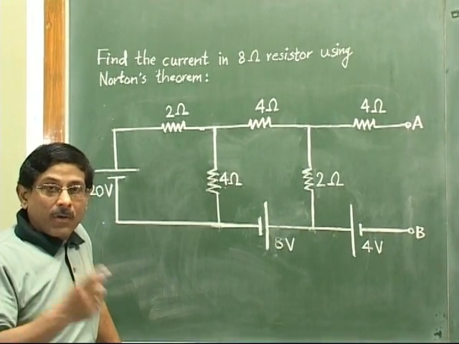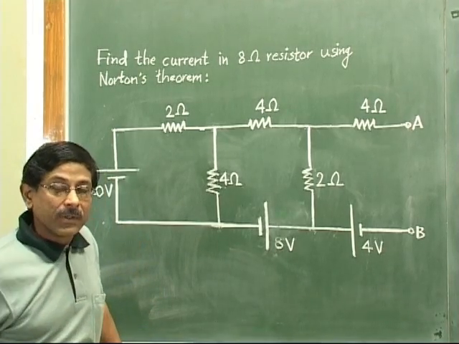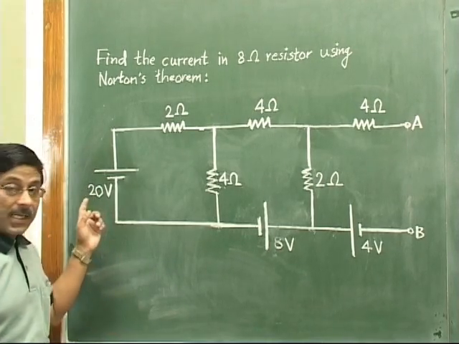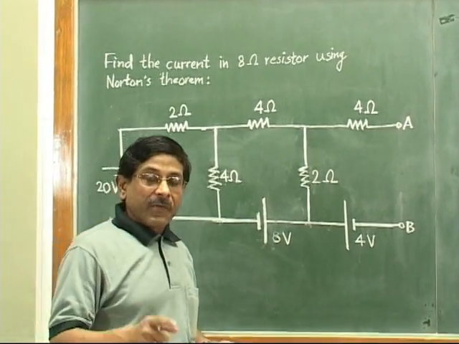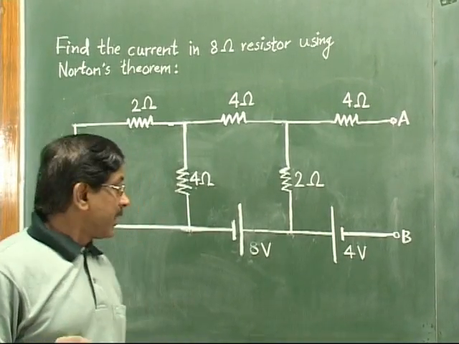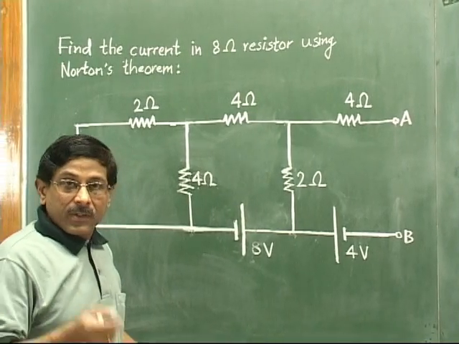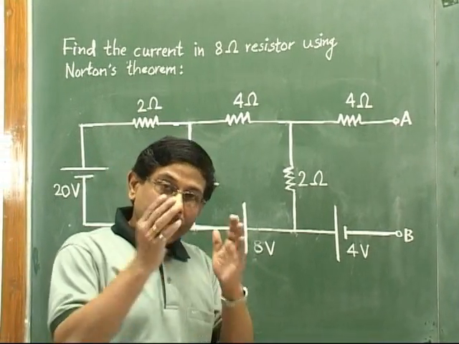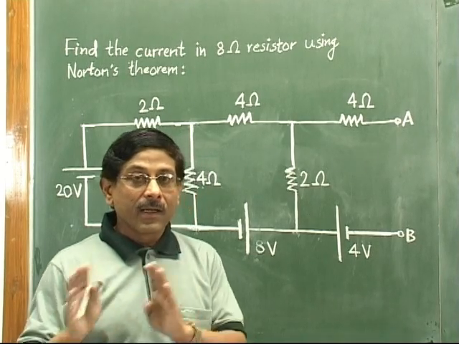For removal of power sources from the circuit, in order to make it entirely passive, we have to adopt certain rules. If it is an ideal voltage source, it will be replaced by a short circuit. If it is an ideal current source, it will be replaced by an open circuit. And if the sources are not ideal, if they are practical, then let it be a voltage source or current source, they should be replaced by their internal resistances.